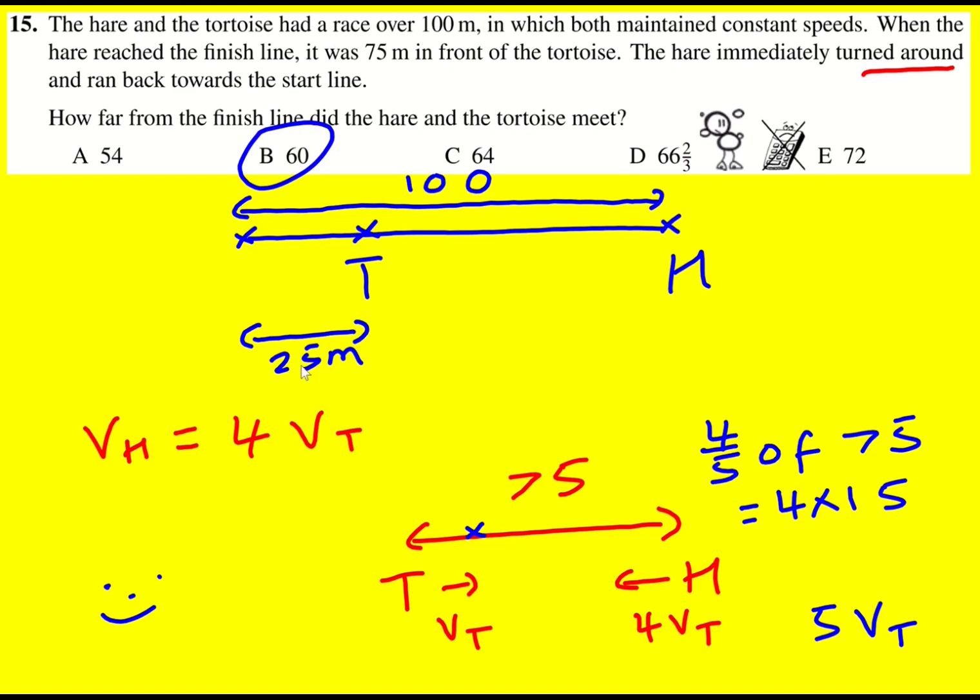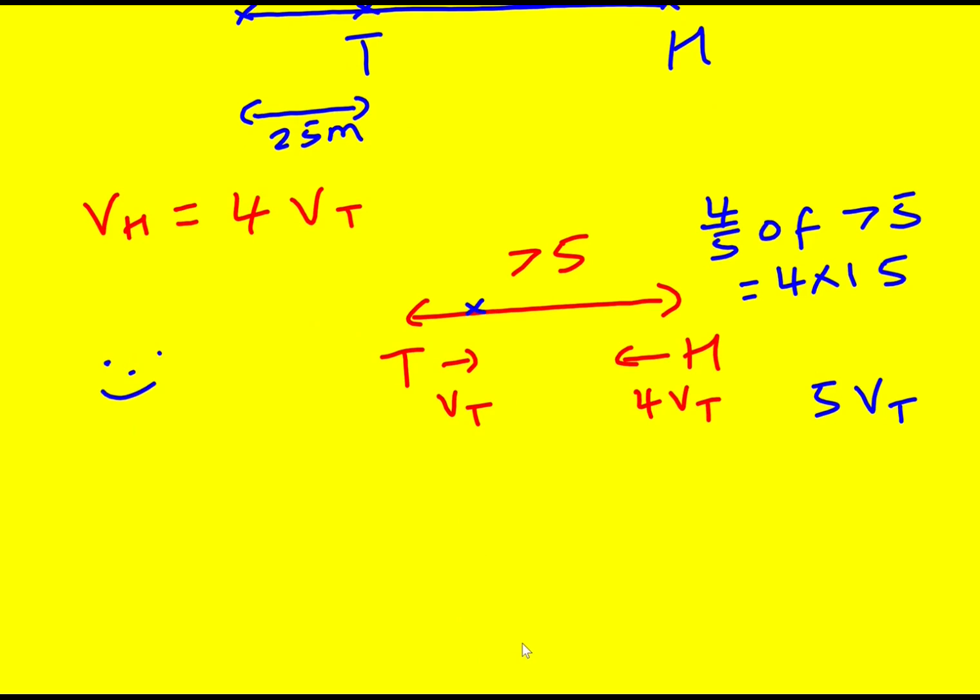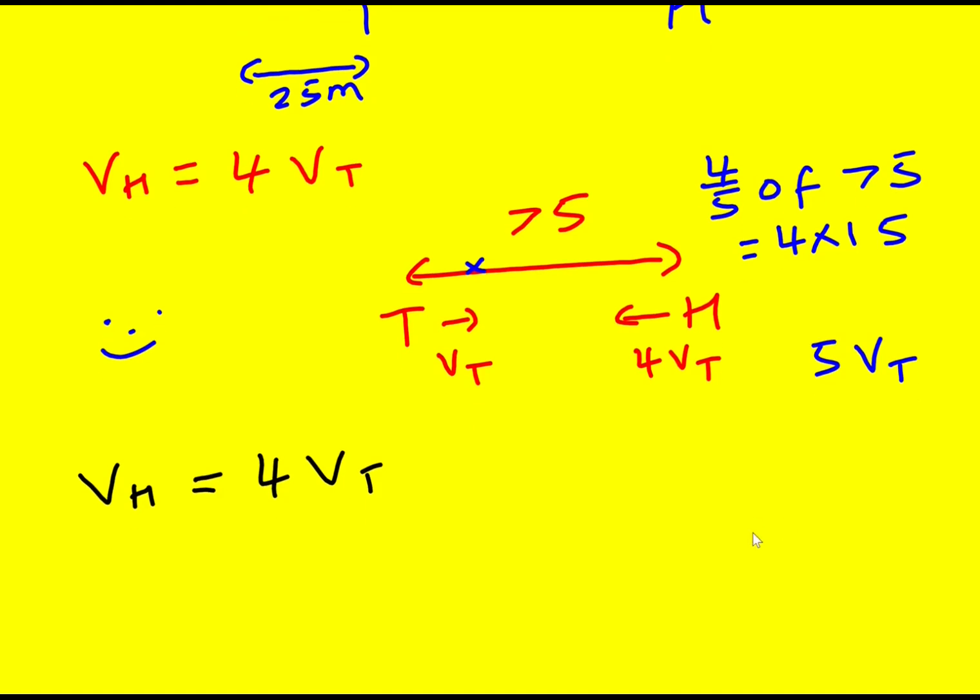Now here's the longer way. This is how I did it. I first of all said the same thing, that the speed of the hare was 4 times the speed of the tortoise. That's something that you've got to work out. I didn't go straight to it, to be fair.